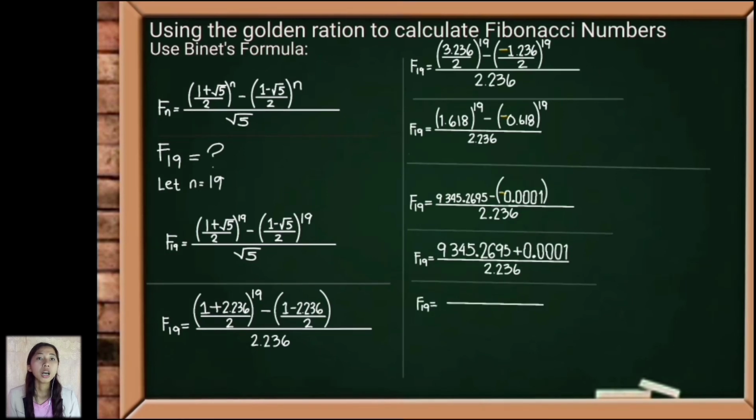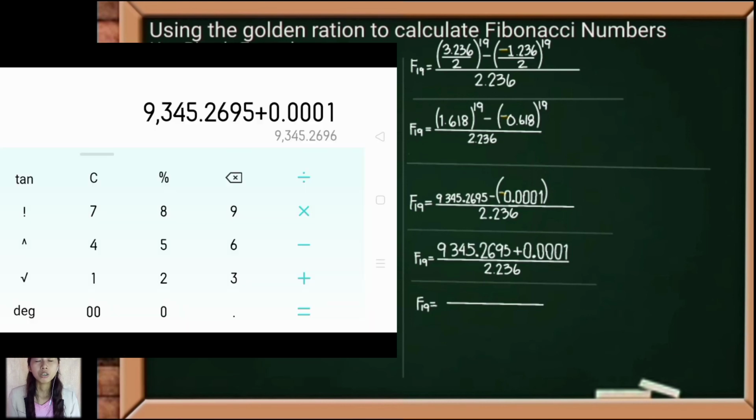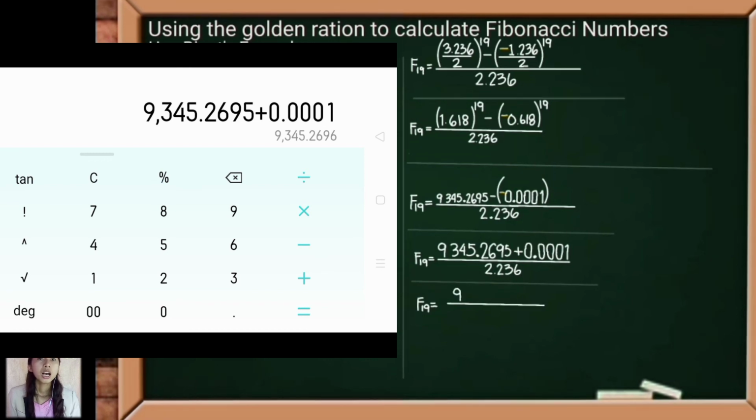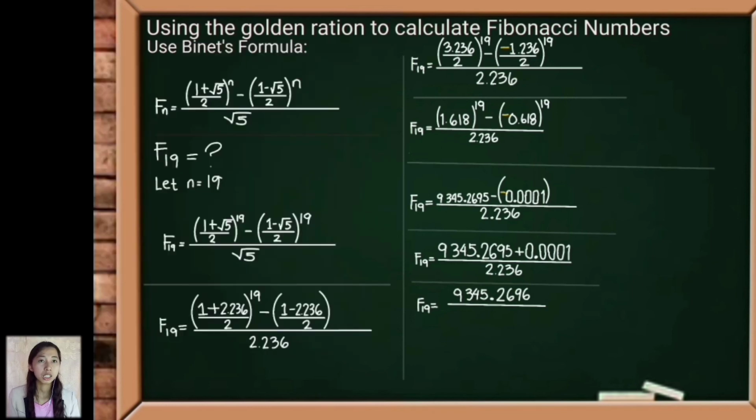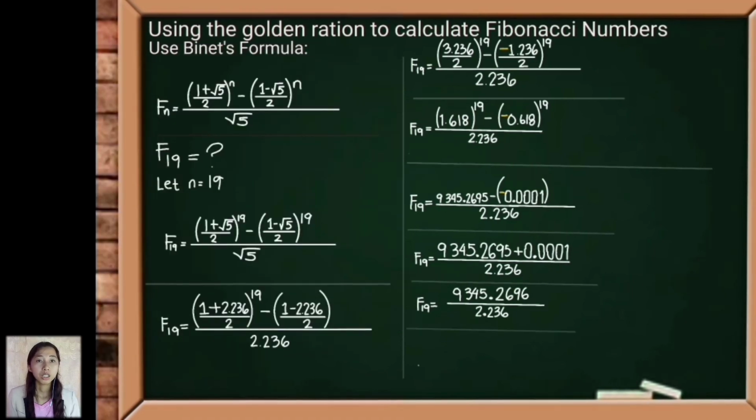F19 is equals to 9,345.2695 plus 0.0001. Use your calculator. The answer would be 9,345.2696 all over 2.236.